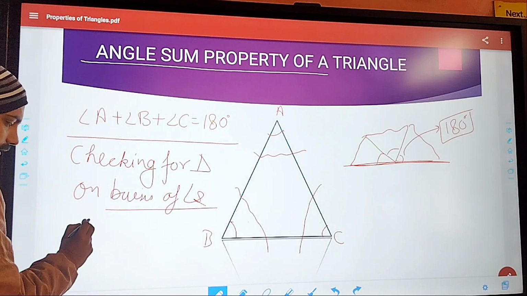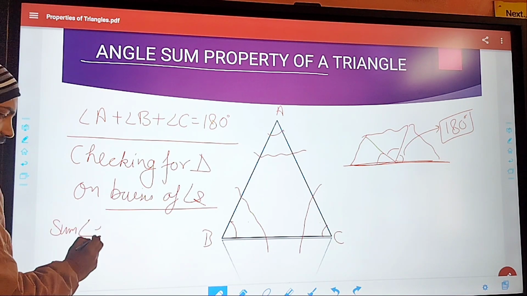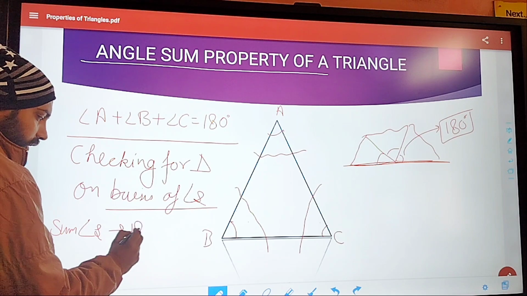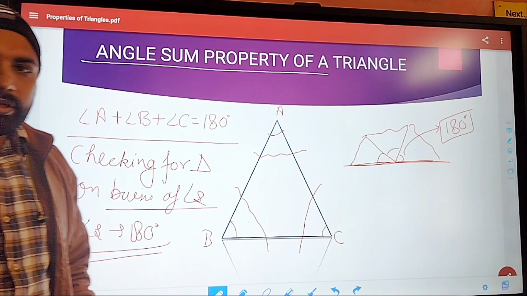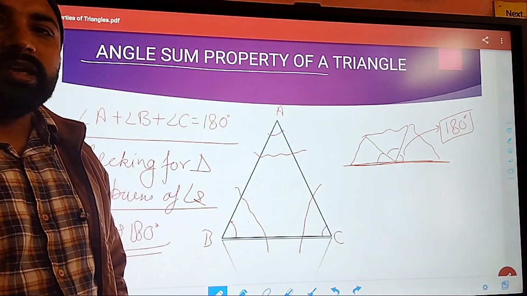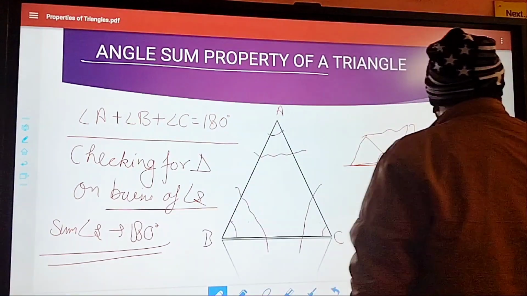Just check that the sum of angles is equal to 180 degrees. If the sum is equal to 180 degrees, it will form a triangle. If the sum is not equal to 180 degrees, it will not form a triangle. As simple as that. Okay?